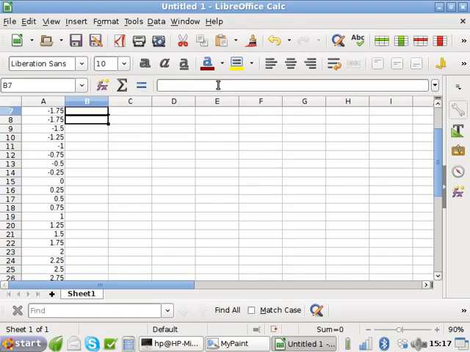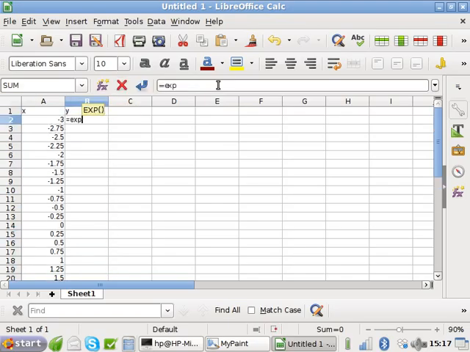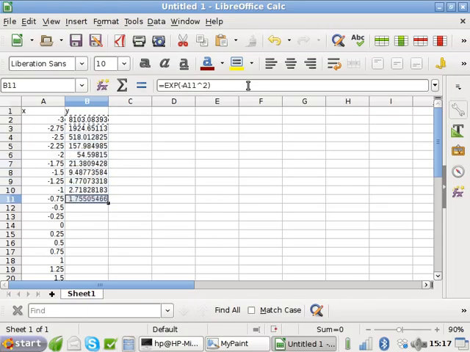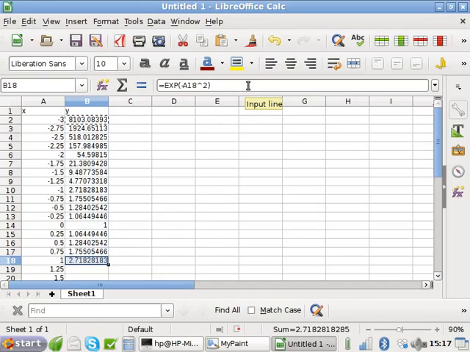And then here is the y, which equals exponential of minus x squared.